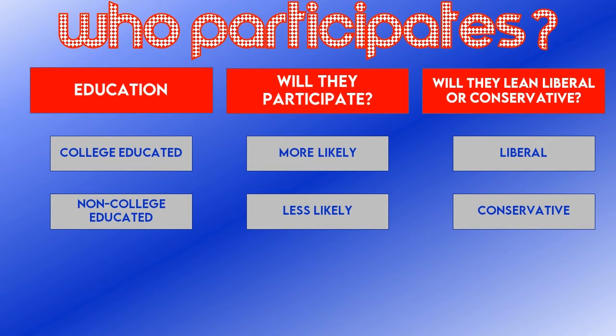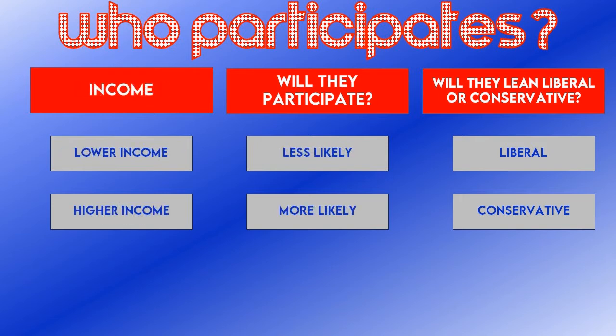But increasingly, people that are college educated are way more likely to lean liberal, and people that lack college educations are way more likely to lean conservative. This is based on turnout and patterns in our recent elections, and these are trends we expect to continue into the future. When we look at income, we see a different pattern.